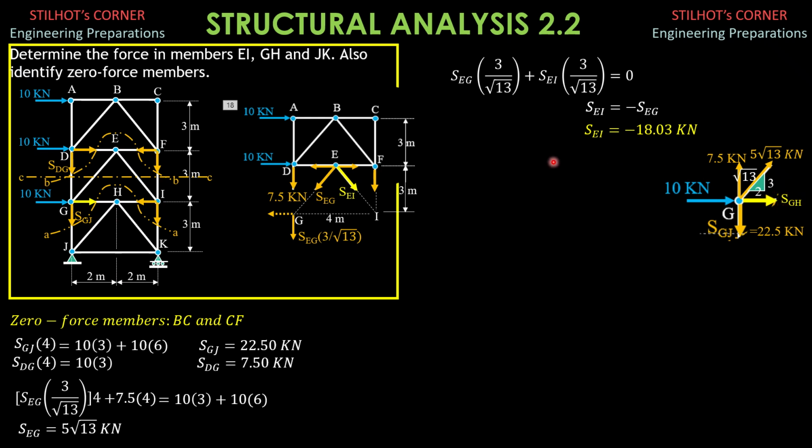So summation forces X equals 0, SGH plus 10 kilonewtons plus 5 square root of 13 times 2 over square root of 13, the horizontal component of SEG, then equals 0. So SGH, therefore, we can cancel that, is 10 plus 10, 20 to the right, so negative 20.